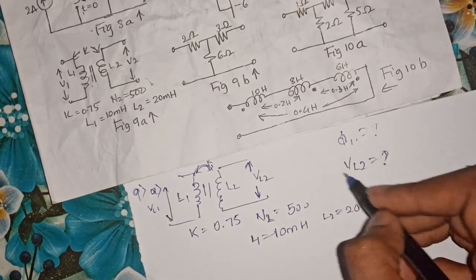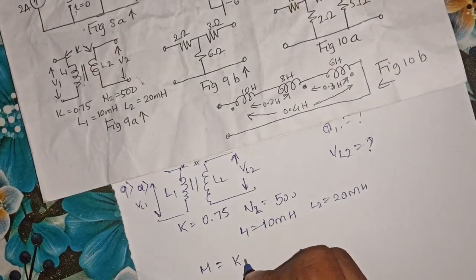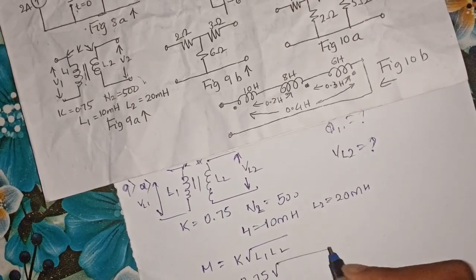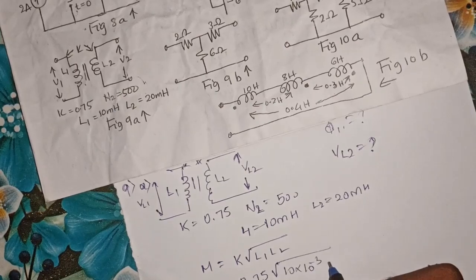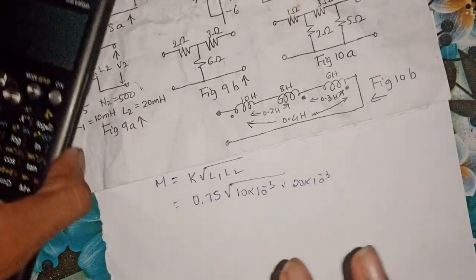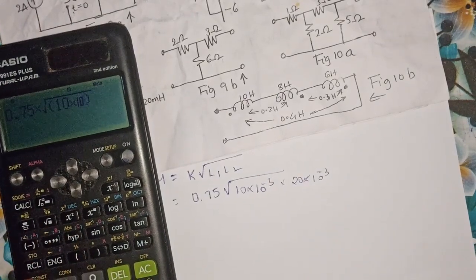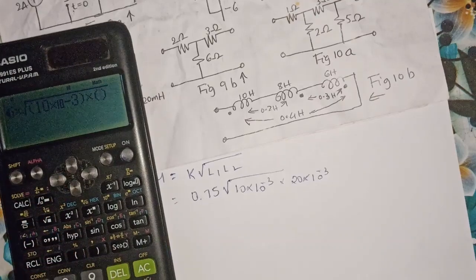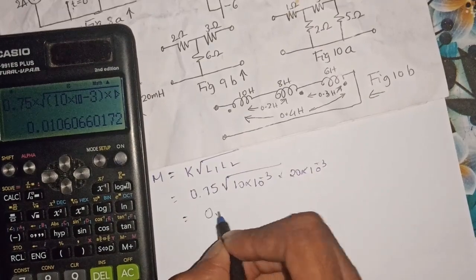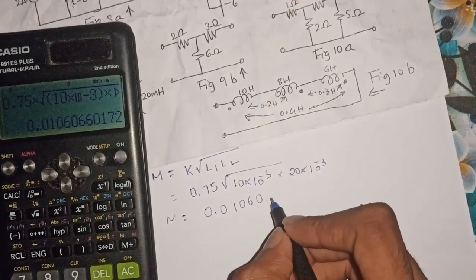So before moving on to solving the parameters to be calculated, let us calculate the value of mutual inductance, which is given by the formula K into root L1 L2. So the value of K is 0.75, and the root of L1 L2 is 10 into 10 raised to minus 3 multiplied by 20 into 10 raised to minus 3, which will be 0.75 multiplied by the square root of that, will give me a value equal to 0.01060, your value of mutual inductance in Henry.